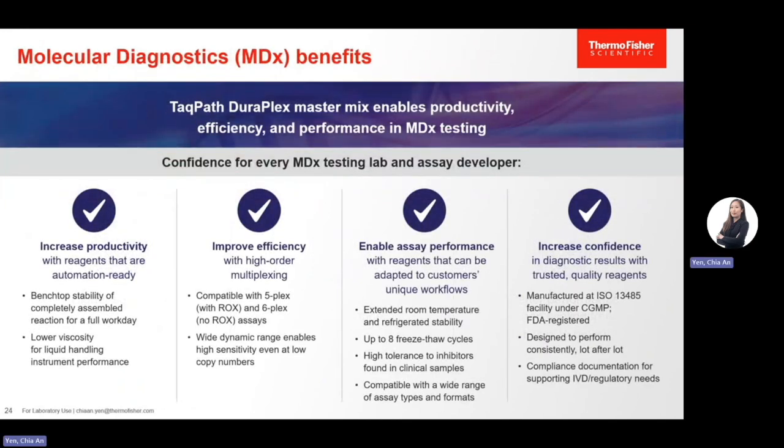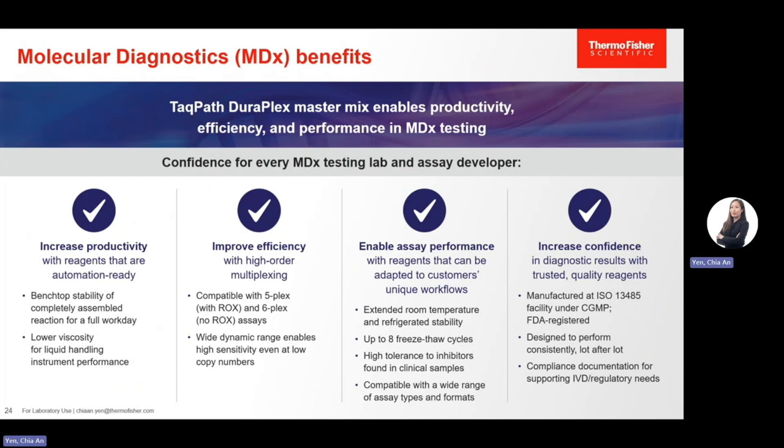And as today we've discussed the particularly impressive performance of the Duraplex master mix in the multiplexing reactions, it's worth noting that there are many other features of this product that make it even better as a tool for your research.